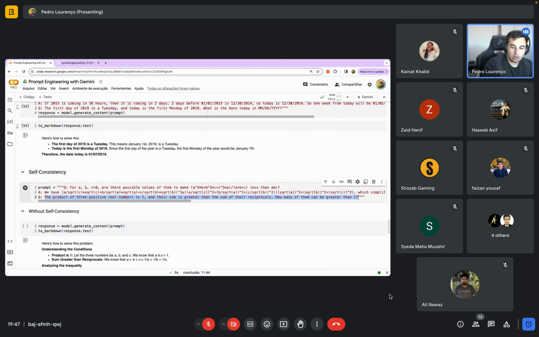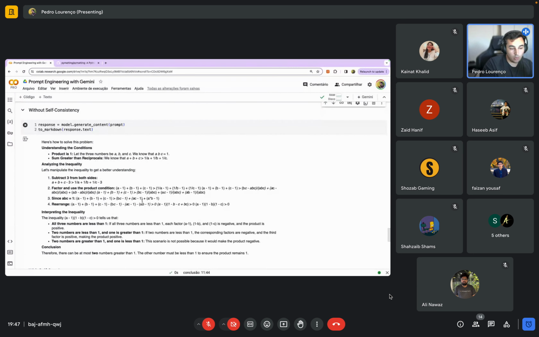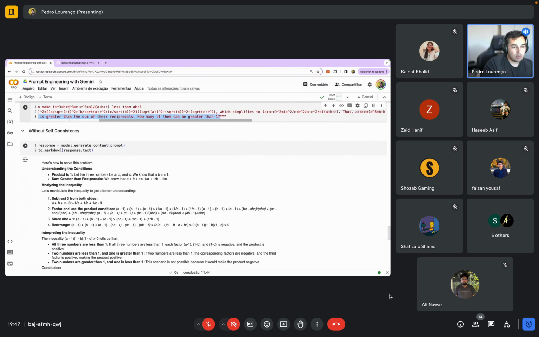The answer should be only 1, but you can see I ran this before. The model answered, and at the end the answer was there can be at most 2 numbers, which is wrong. This is the wrong answer, and this is how we do self-consistency.